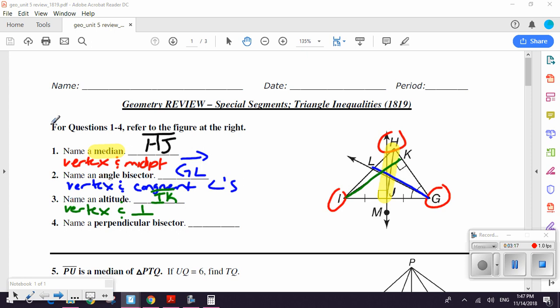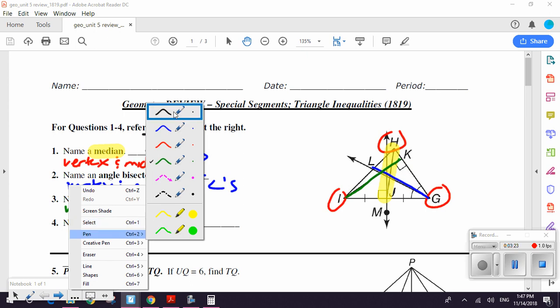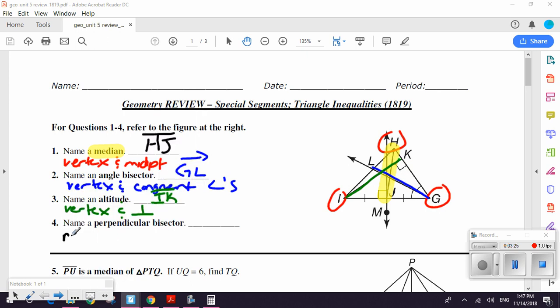And lastly, we have perpendicular bisector. For the perpendicular bisector, we need a midpoint and we need to be perpendicular. So we need tallies on both sides, and we need a right angle. So my two tallies were on J. We've already established that J was the location of the midpoint.